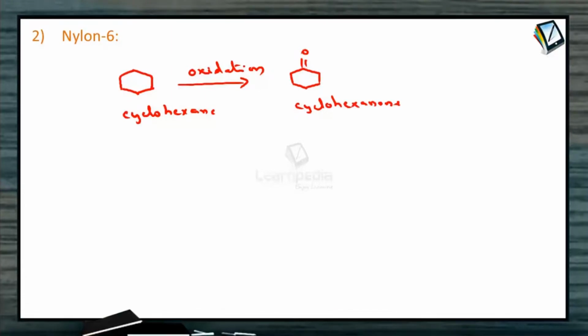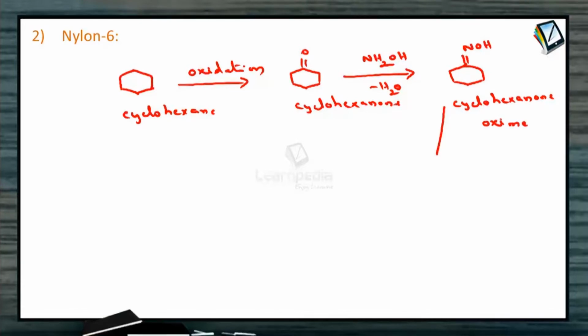And this cyclohexanone in the next step is subjected to treatment with hydroxylamine, where an oxime is formed with the elimination of water. Cyclohexanone oxime, that is C=NOH.